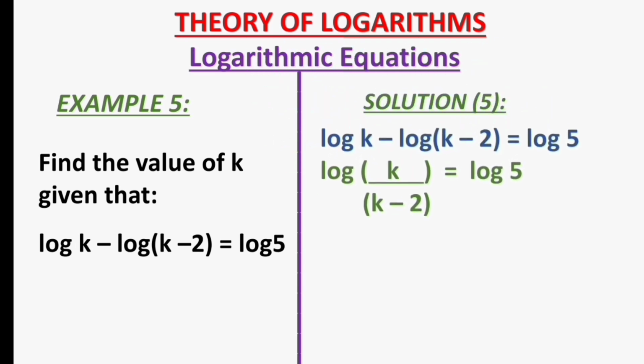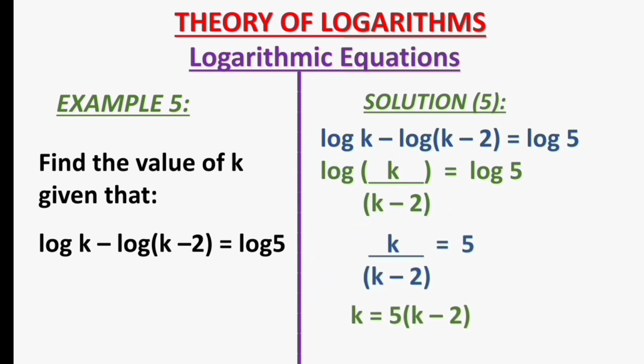Applying the laws of logarithm, the logarithm of k minus the logarithm of (k minus 2) is equal to the logarithm of 5. We simplify into the logarithm of k divided by k minus 2 is equal to the logarithm of 5. In other words, subtracting two logarithm values will produce the logarithm of the division of the two values.